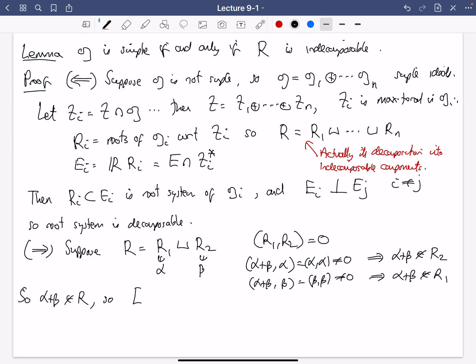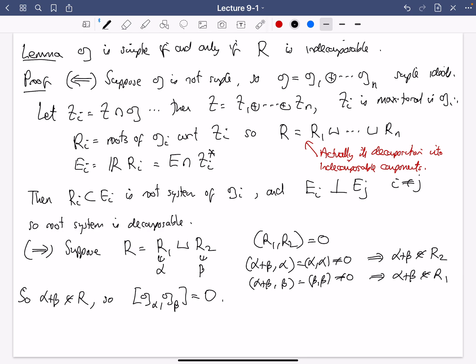And it follows that if you take the commutator of something in the alpha root space and something in the beta root space, well, that's in the alpha plus beta root space, but that's not a root. G alpha plus beta is just 0, so these guys commute.